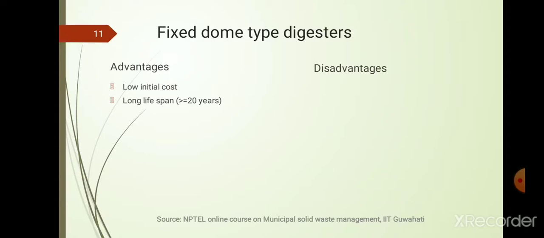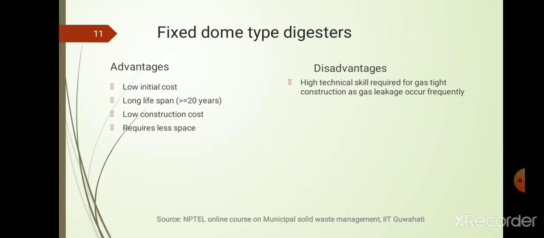Mostly we get a lifespan of 20 years or more. Then the construction cost is also very low, and the space requirement is reduced in every model, especially in the Deenbandhu model, where the space is very small. So these are the advantages of fixed dome type digesters.